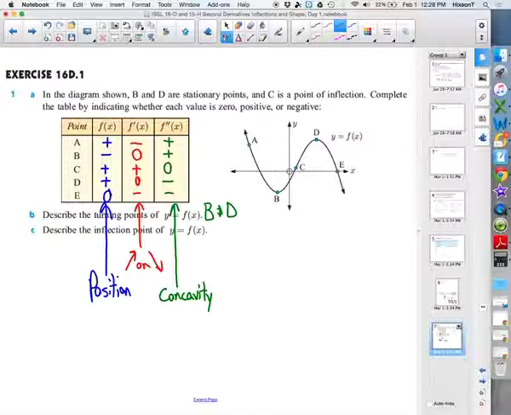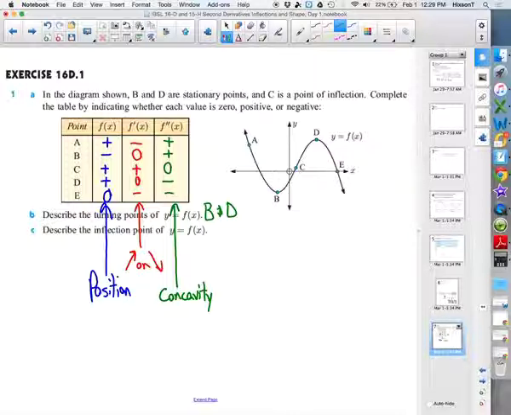It is a critical value, right? And our second derivative is positive. Remember, there were 2 ways that you could show that something is a min point. You can either show a change of sign in your first derivative, or you can prove it's a critical value and that it's concave up at that point. If you have a critical value and it's concave up, it's a min point.